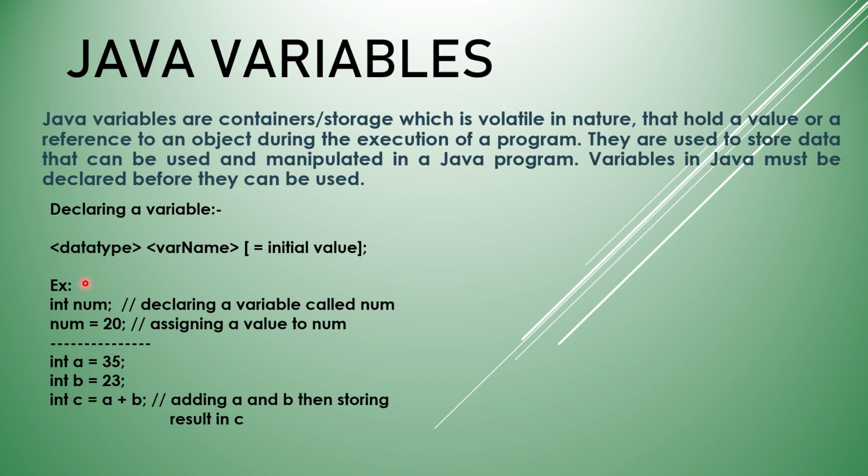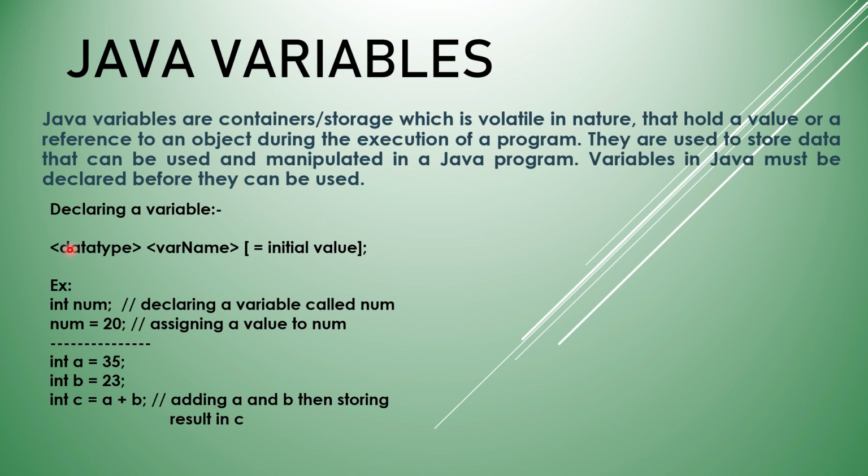Now, for example, if I want to create a variable to store a number of type integer, because integer numbers don't have any fractional value, for that, in Java, there is a type int. So I will declare a variable.